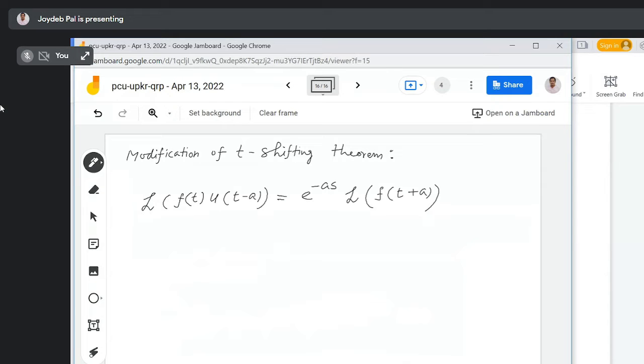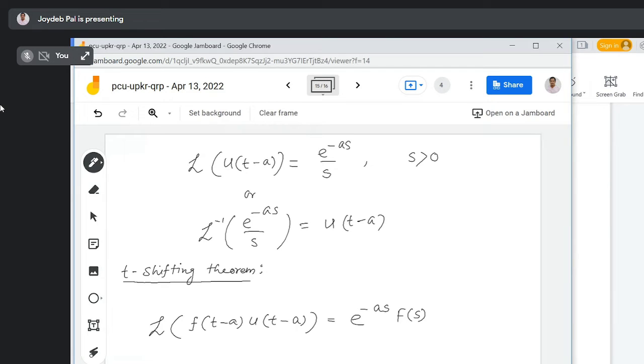Now I will tell you the advantage of this modification. For example, if I ask to find the Laplace transform of t square u(t minus 1), the original form is f(t minus a) u(t minus a).